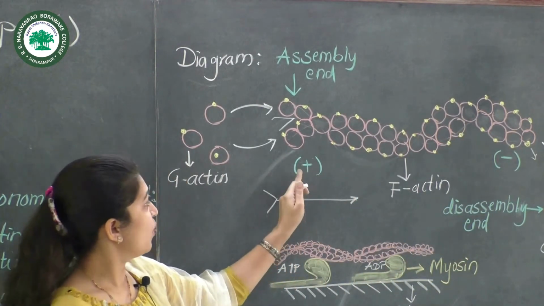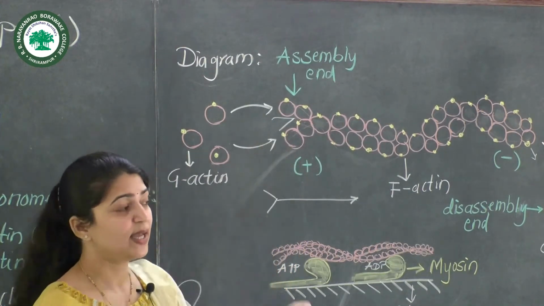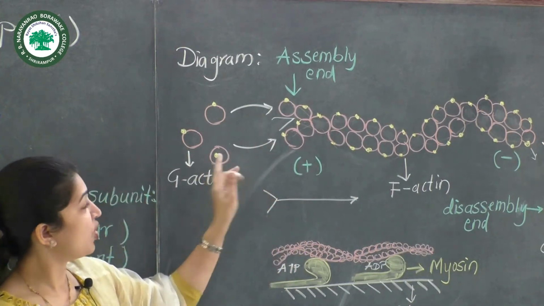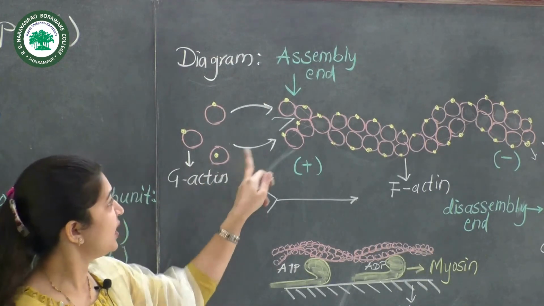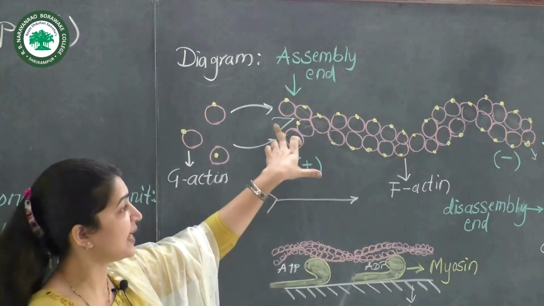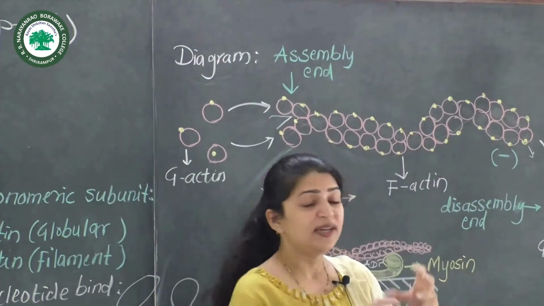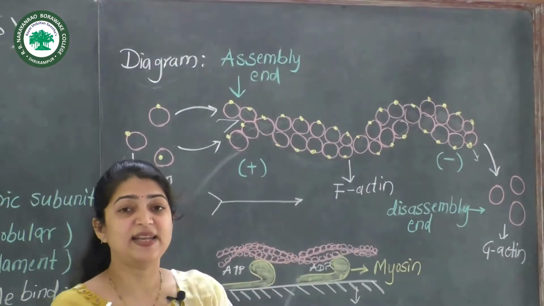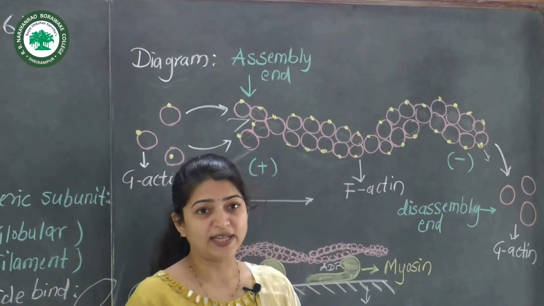In the plus end, what happens? There is assembly, or association, of these G-actin molecules. So this is called the plus end. All the assembly takes place at the barbed end, and at the pointed end there is disassembly, there is dissociation of the G-actin molecules.